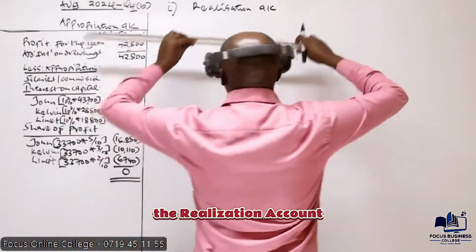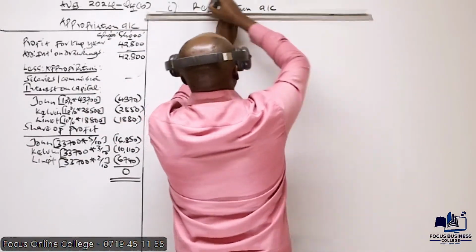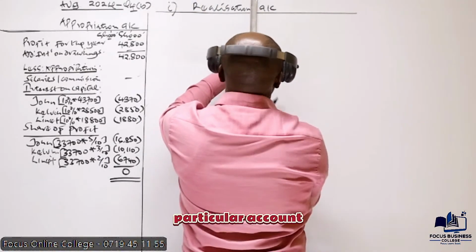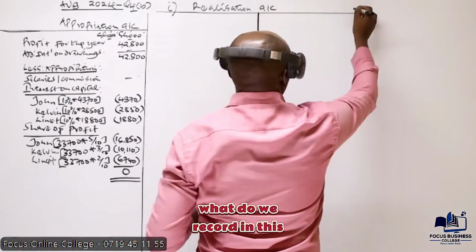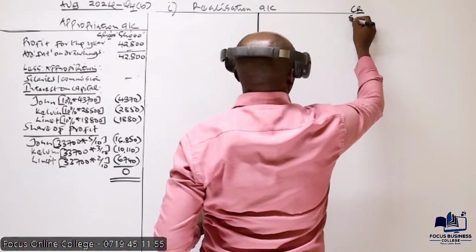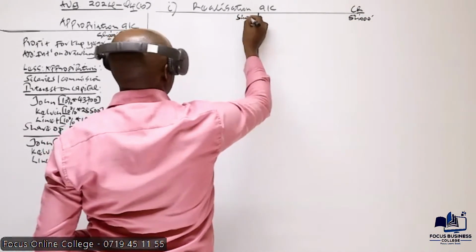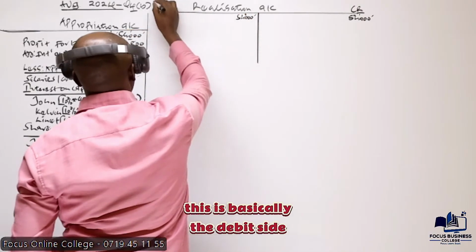What we need to remember here is what we record in this particular account. Our figures will be in 1,000 of shillings. This is basically the debit side.